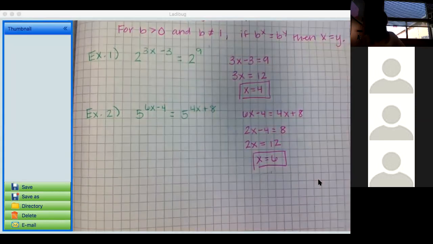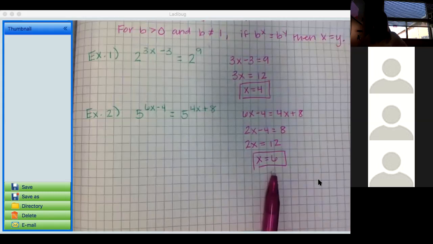Because I'm telling you right now, on your quizzes and tests, I will put one where one of the answers does not work. Do we know what it's called when one of the solutions doesn't work? Extraneous. Doesn't work. You should have learned that in Math 2 and Math 3. So I will put one where there is an extraneous solution. So make sure you are checking.